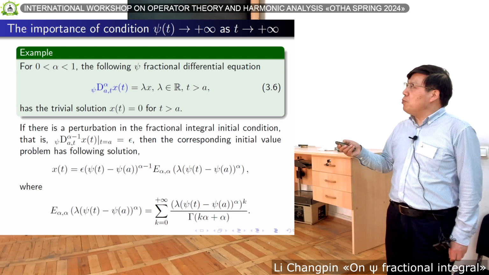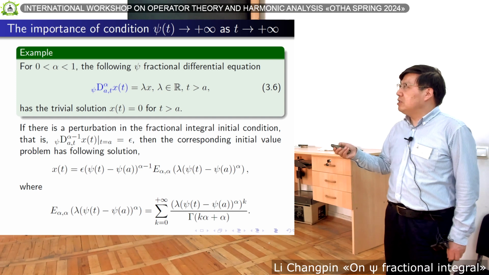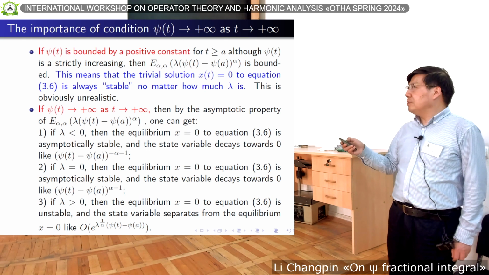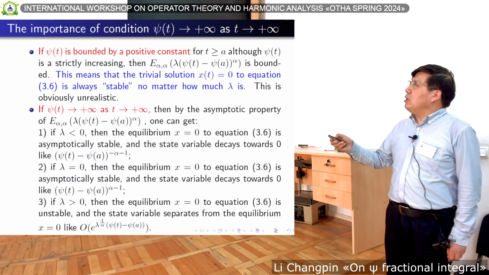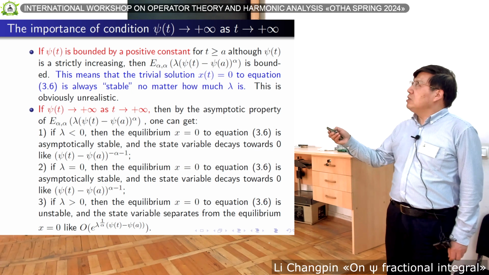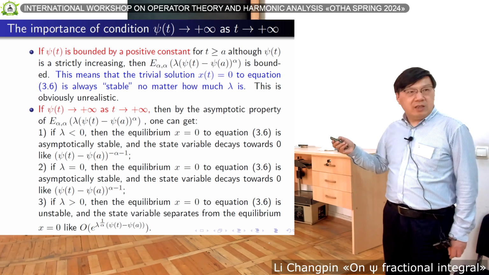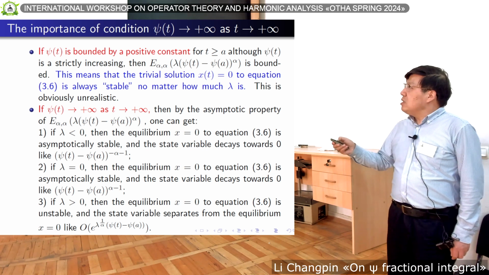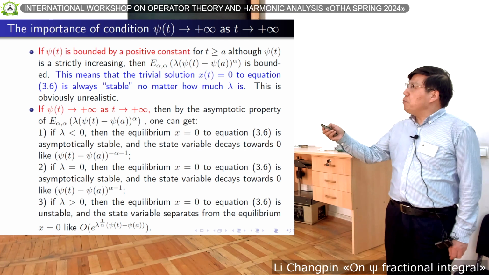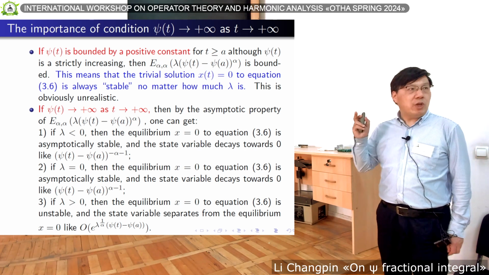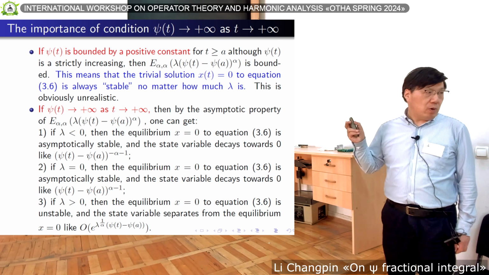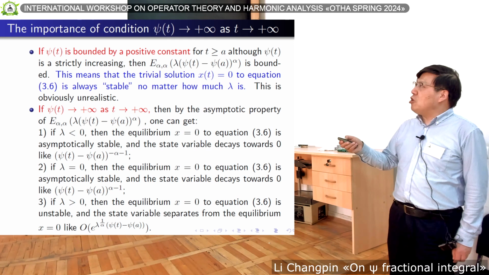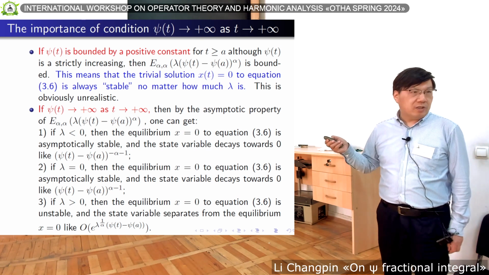This is a Mittag-Leffler function with two parameters. If psi(t) can be bounded, then the Mittag-Leffler function can be bounded. This means the trivial solution is always stable.